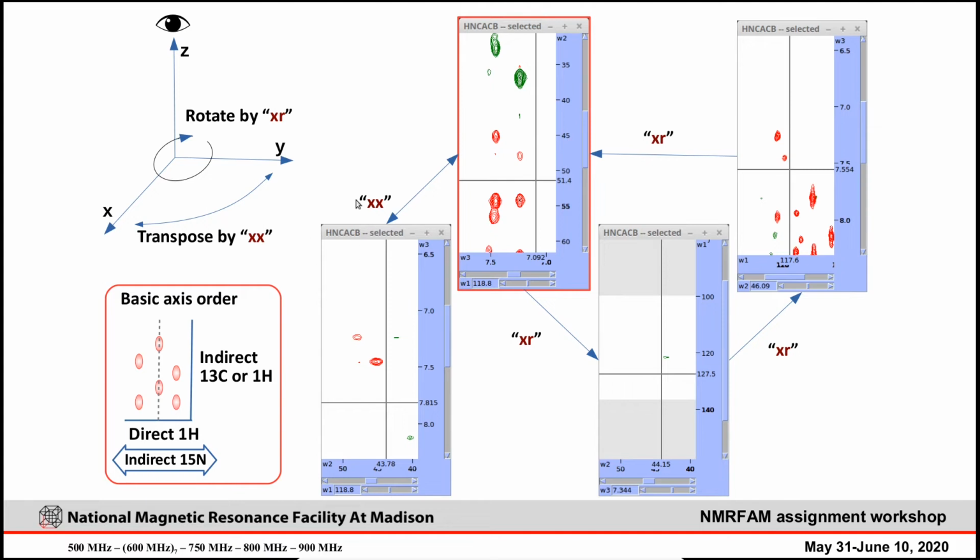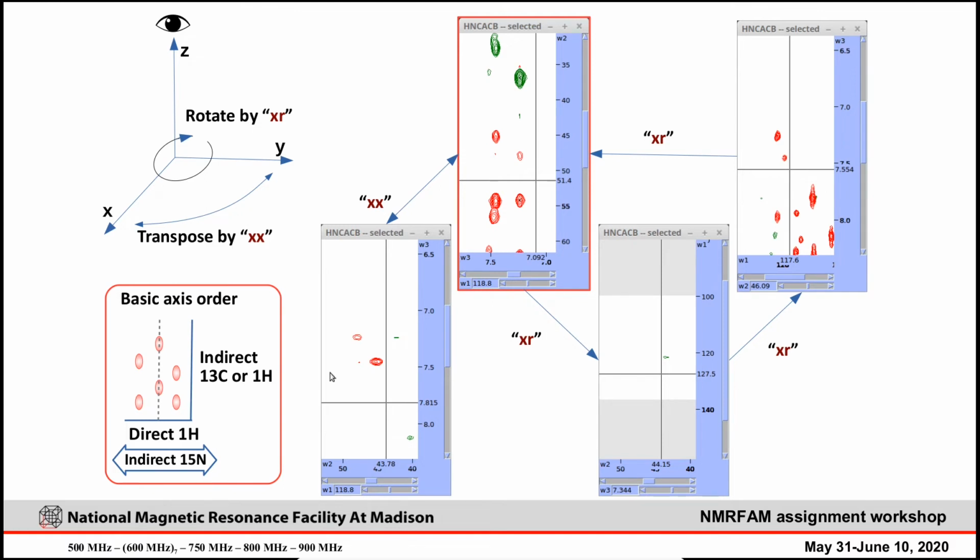You can just type XL, which basically changes X, Y, Z. So X becomes Z, Z becomes Y, Y becomes X. That is rotation. Transpose is just changing between the two dimensions that you are watching.